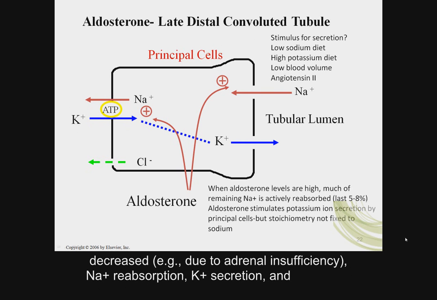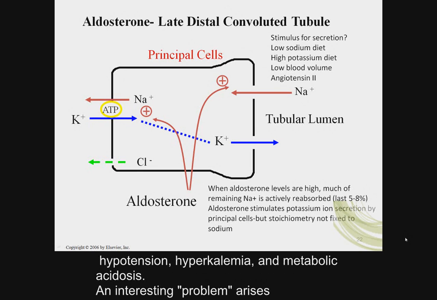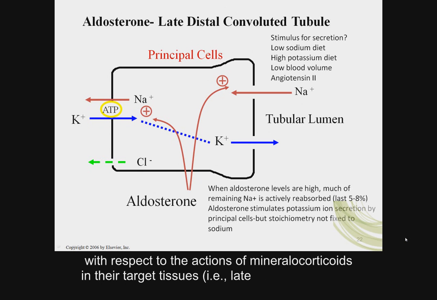Conversely, when aldosterone levels are decreased, for example due to adrenal insufficiency, sodium reabsorption, potassium secretion, and hydrogen secretion are all decreased. These changes produce extracellular fluid volume contraction, hypotension, hyperkalemia, and metabolic acidosis.